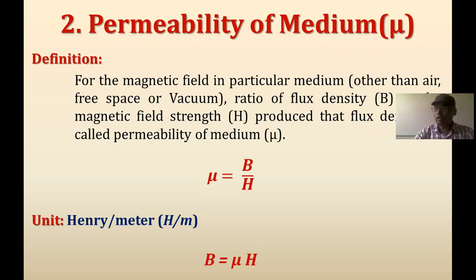And the value of this mu is different and depends upon the medium. It means that if the medium is iron, the value of mu is different. If the medium is nickel, the value of mu is different. If the medium is cobalt, the value of mu is different.